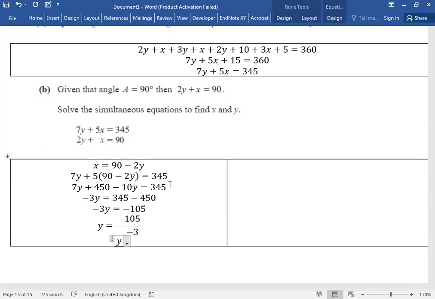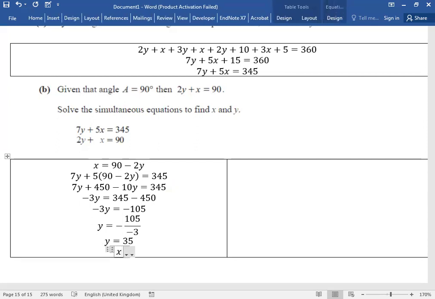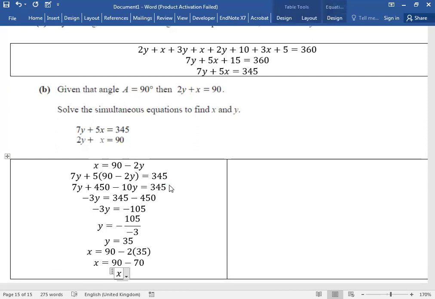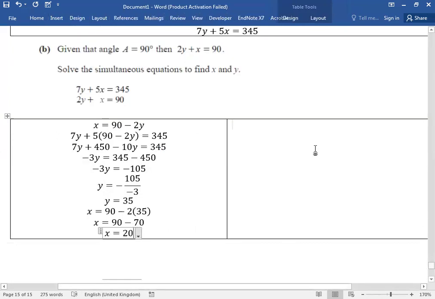So what is the value of y? 35. So the value of x is 90 minus 2 into 35, 90 minus 70. 7y minus 10y is minus 3y. This is substitution. Always valid method, हर दफा चलता है.